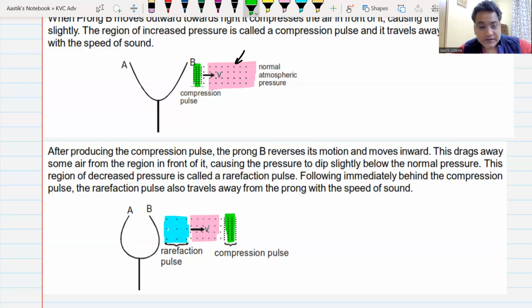So we can write this traveling sound wave in terms of a pressure wave. How may the equation of this wave look in terms of the pressure wave? Can anyone tell me?